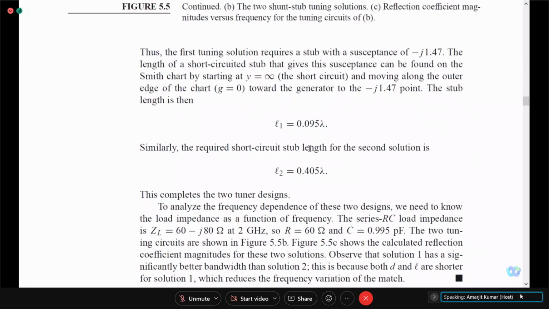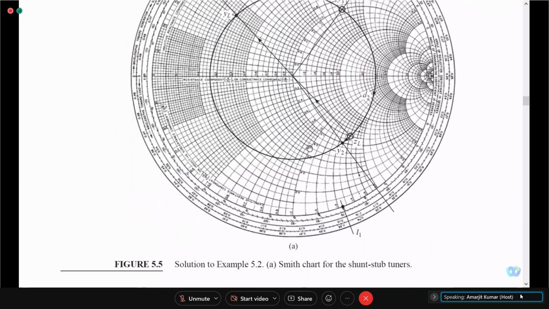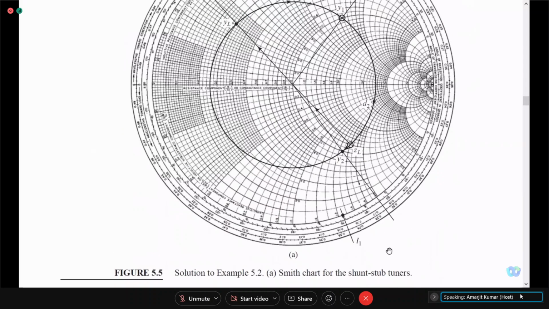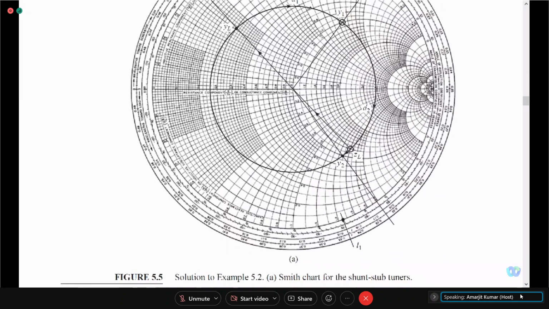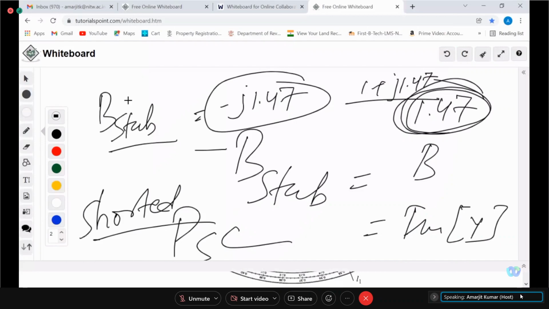How is it coming? 0.345 minus 0.25 lambda.